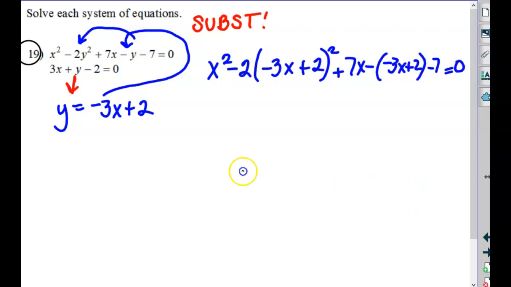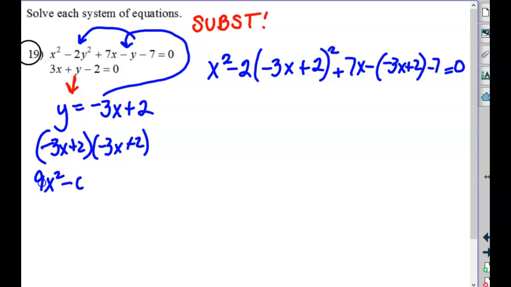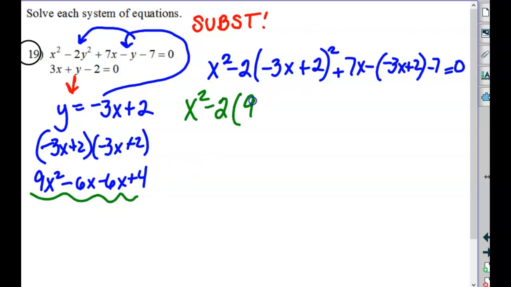Okay, I'm going to go over here and square this just because I want it out of the way. When I FOIL that out, I get 9x squared minus 6x minus another 6x and a plus 4, or 9x squared minus 12x plus 4, and then I have to distribute that negative 2 in a minute.